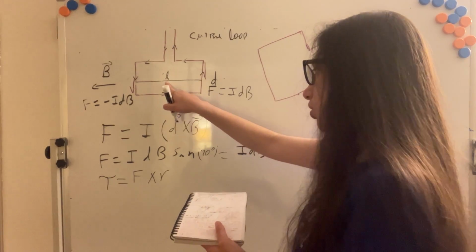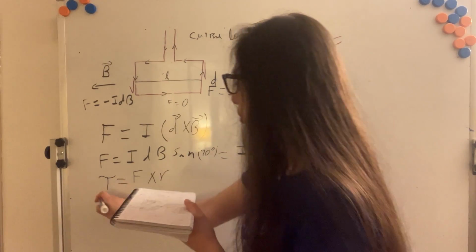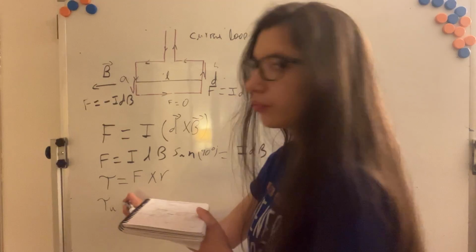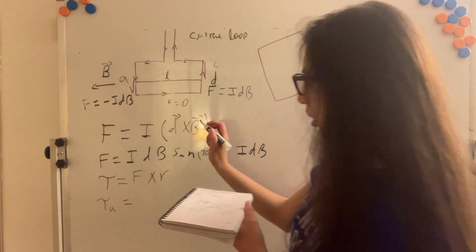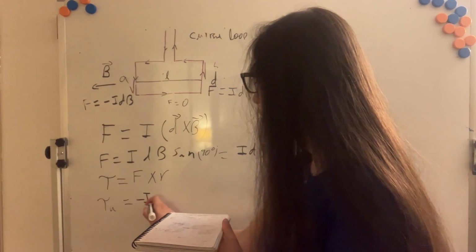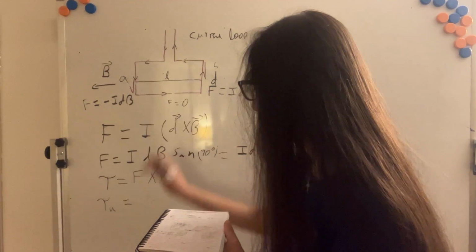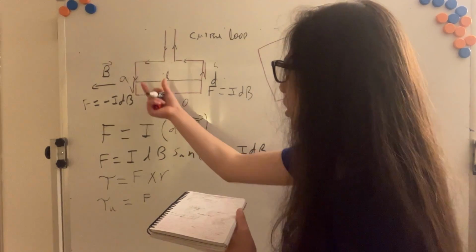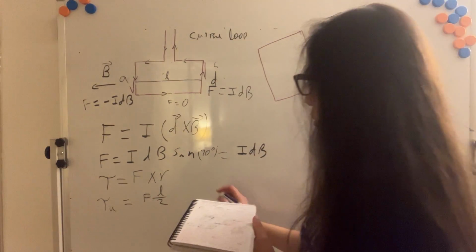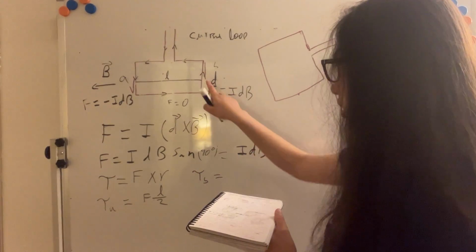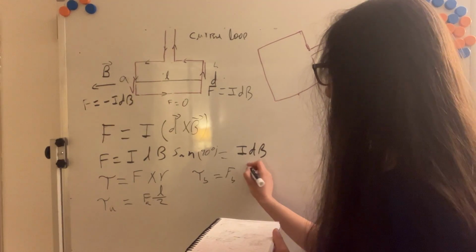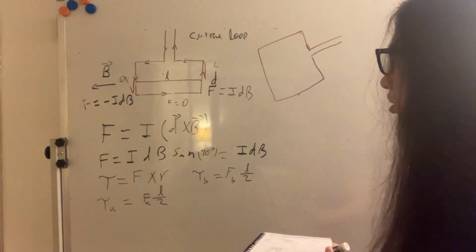Let's say that here is the center of mass, and we have point A and point B. At point A, the torque is the force, negative I, whatever it is, it's just the force at this point, times the distance, that is half of L. And the torque at B is this force, force B, and also we are at half L distance from the center of mass.